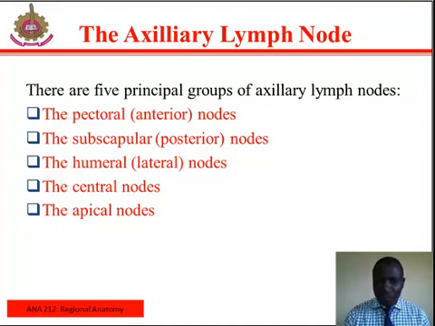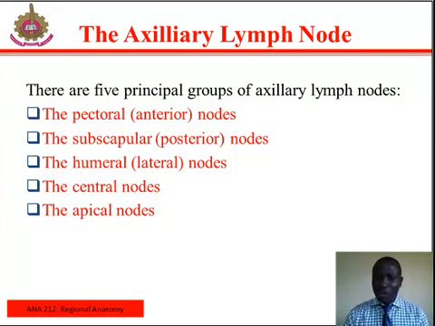These humeral nodes receive nearly all the lymph from the upper limb, except that which is carried by lymphatic vessels accompanied by the cephalic vein, which primarily drain to the apical axillary and infraclavicular nodes. Efferent lymphatic vessels from the pectoral, subscapular, and humeral nodes pass to the central nodes.